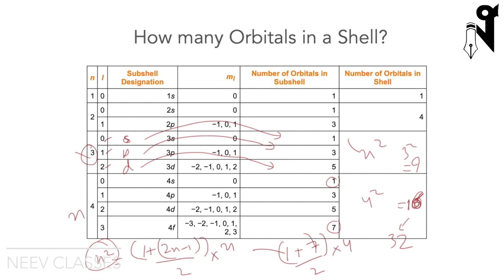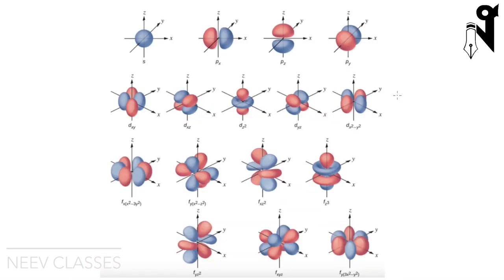The first radius is whatever, the next radius is 2 square, 4 times that, and the next radius is 9 times that. So as we were talking about shell number 4, n is equal to 4.